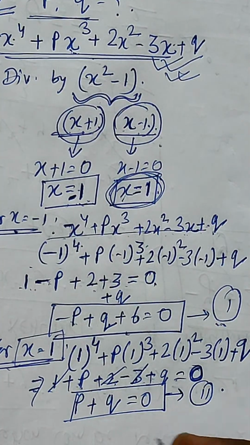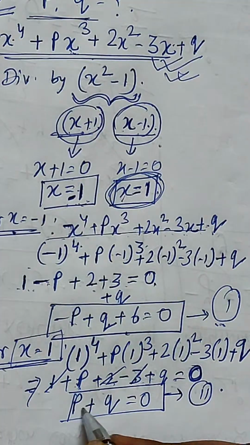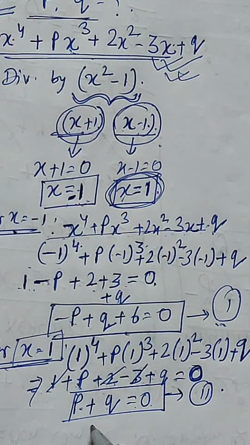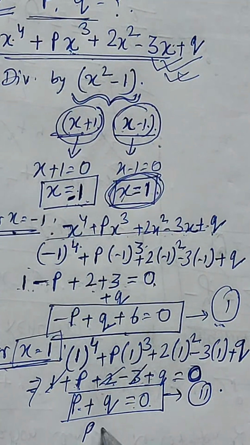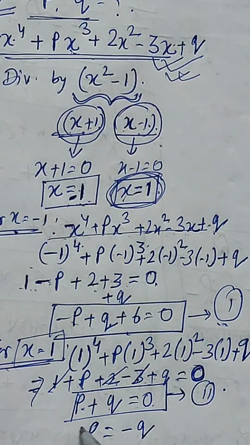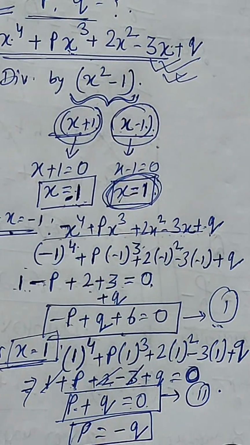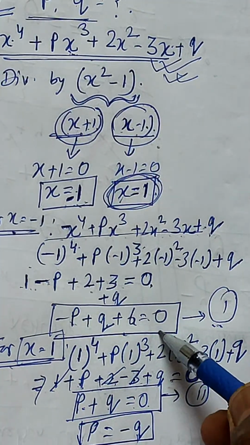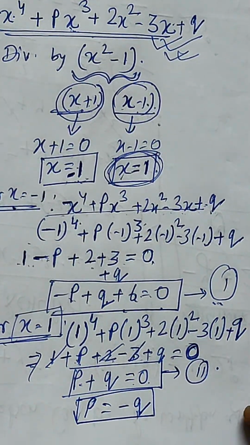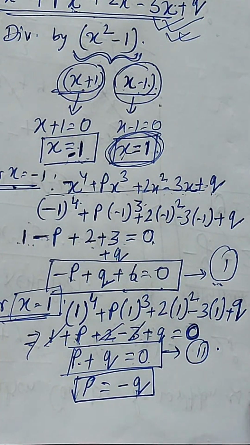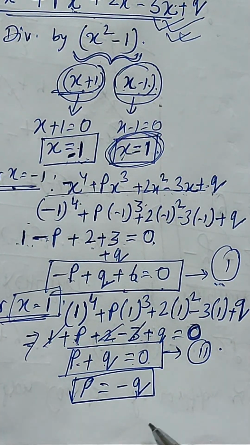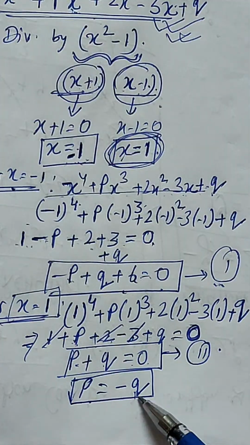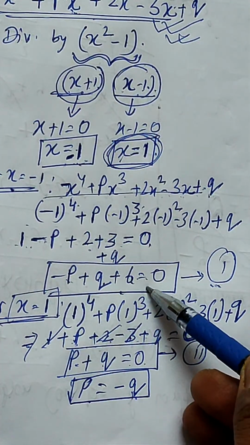Now from here we can say that p plus q equal to 0. That means p is equal to minus q, right? When p is equal to minus q, just put this value into equation 1. Then what will happen when you put p equal to minus q in equation 1?